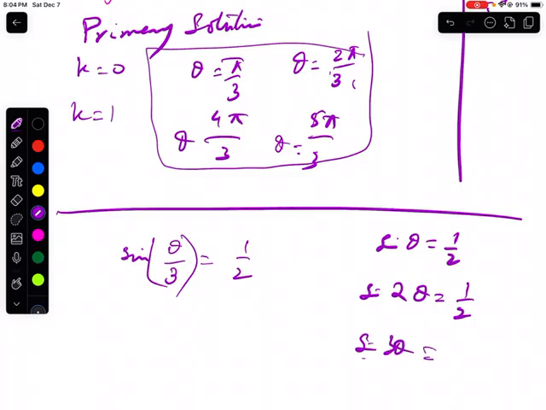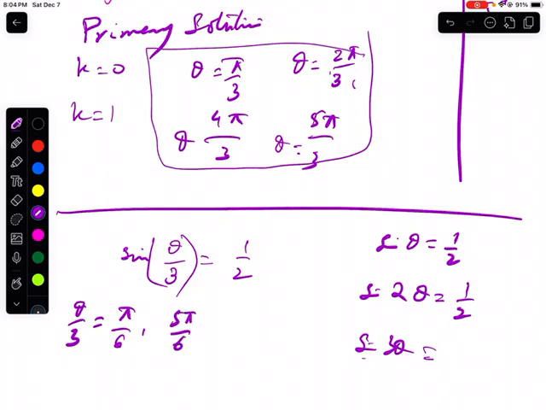But what happens when we have something like this? Theta over 3 is equal to 1/2, or theta over 2 is equal to 1/2. So let's see what happens in this case. If we have sine of theta over 3 equal to 1/2, then it means theta over 3 equals, remember 1/2 is 4 pi over 6 and 5 pi over 6.